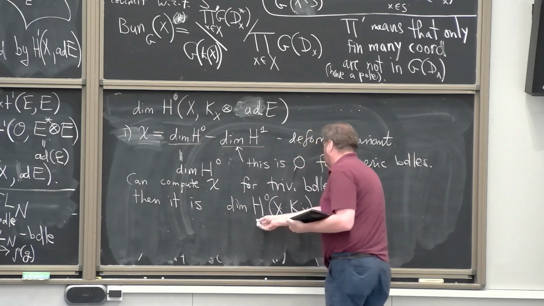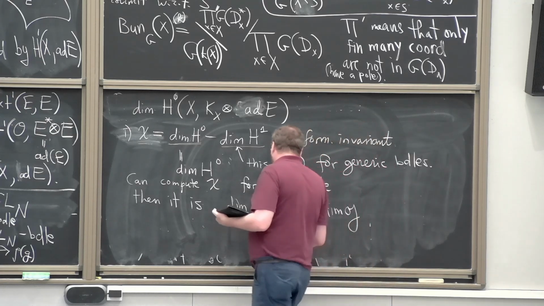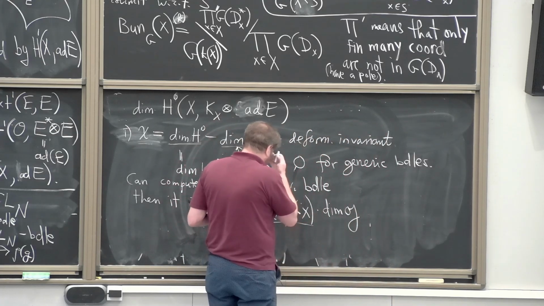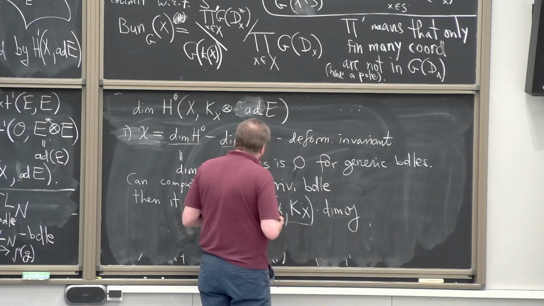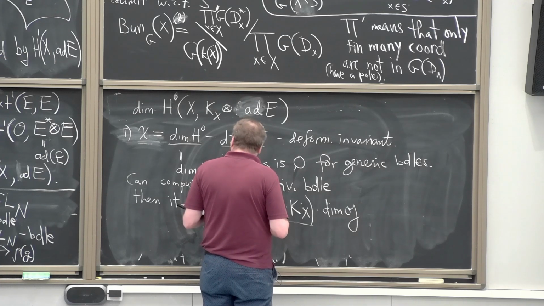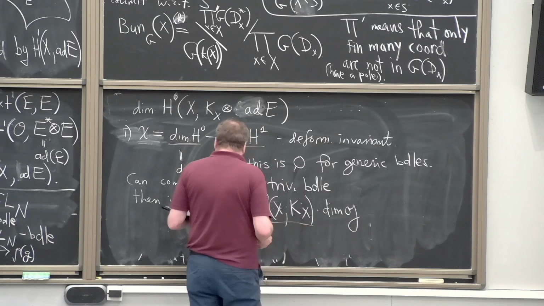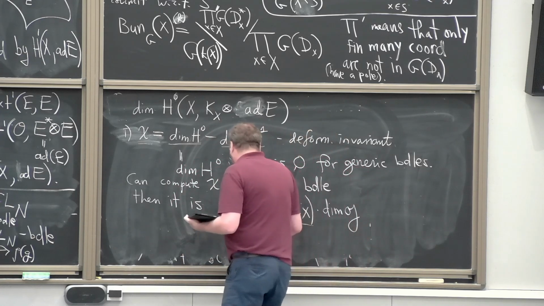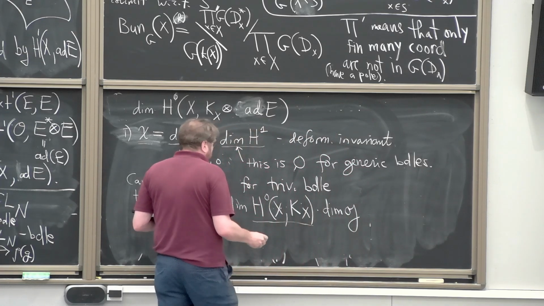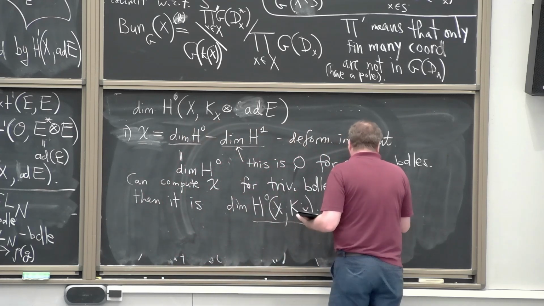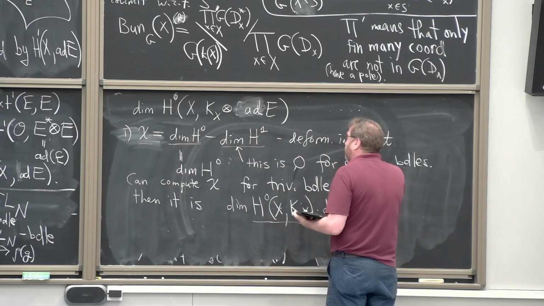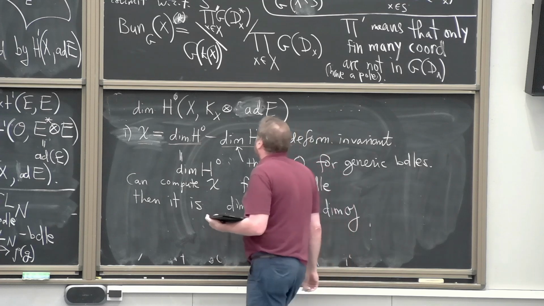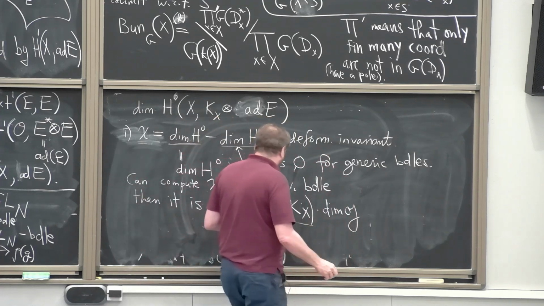So this is just a copy of G, and this is the space of one forms. For the trivial bundle, you need to compute the dimension of H0 minus the dimension of H1.